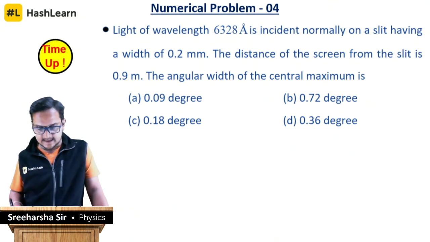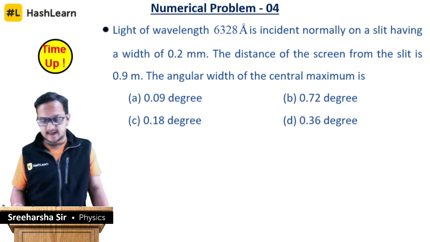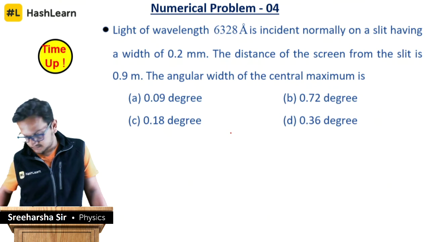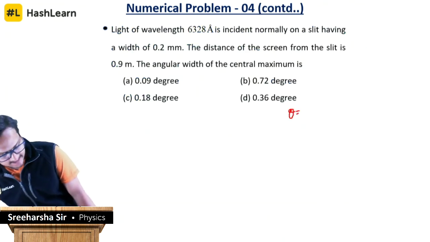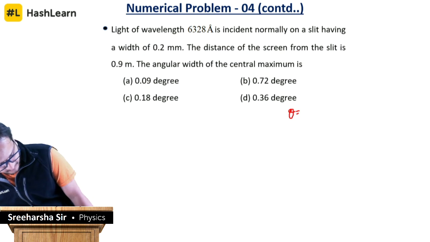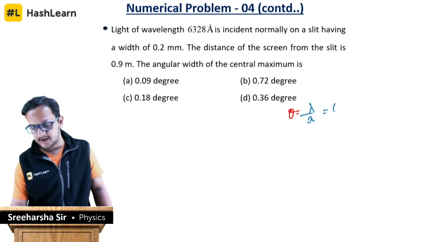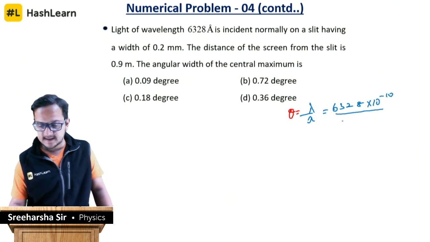So theta equals lambda by a. From this we get the value as 6328 into 10 power minus 10 divided by 0.2 into 10 power minus 3.